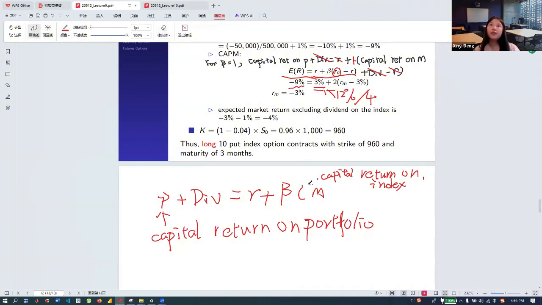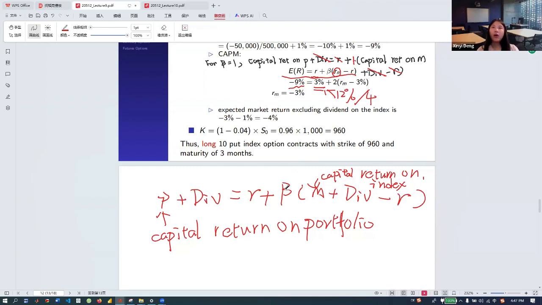And then to get the RM, you also plus the dividend yield, which is expressed as div. Now you also minus R. Recall that for CAPM computation, to calculate the equity risk premium, you are minusing R, the risk-free rate.